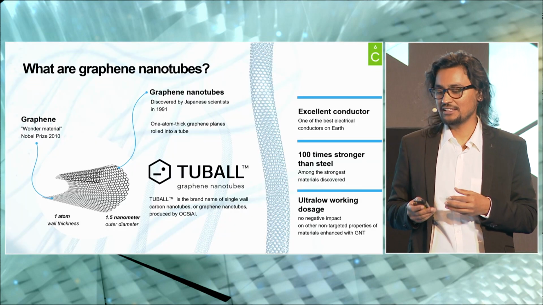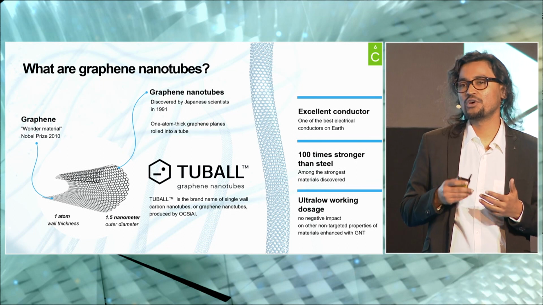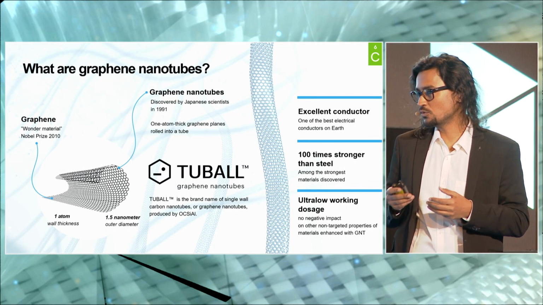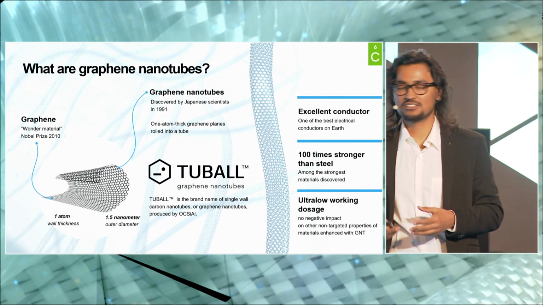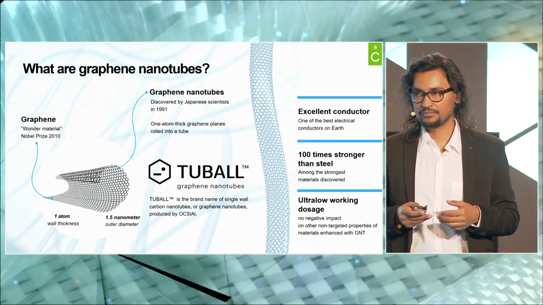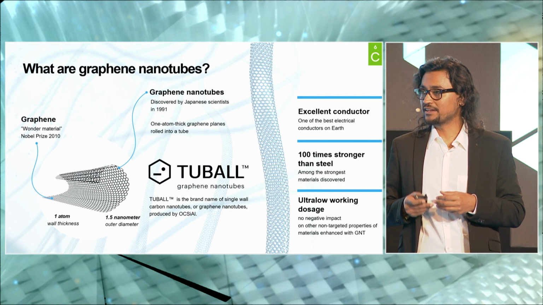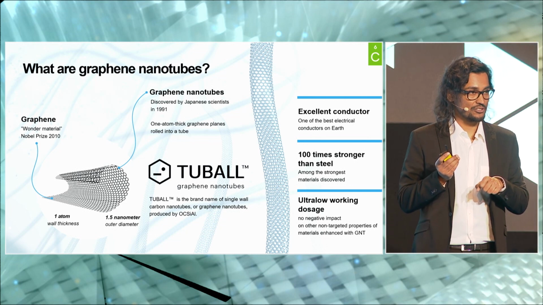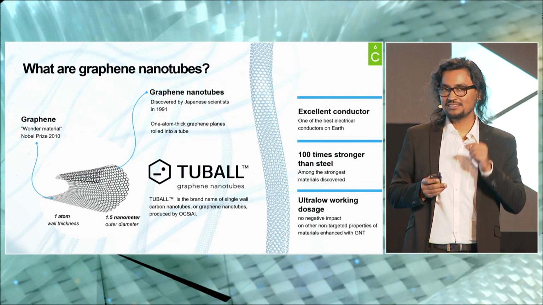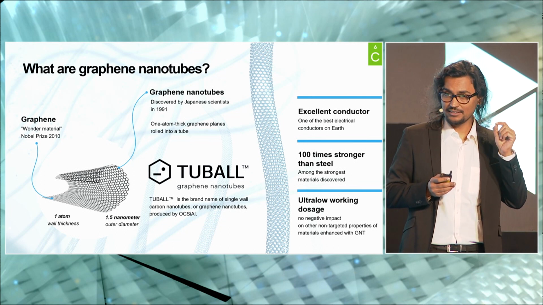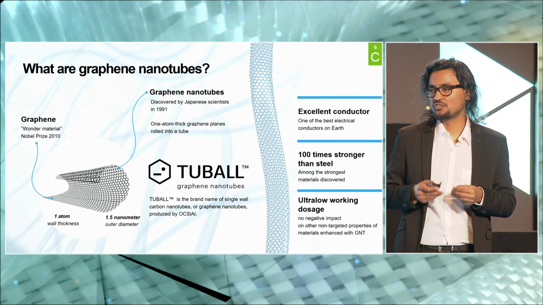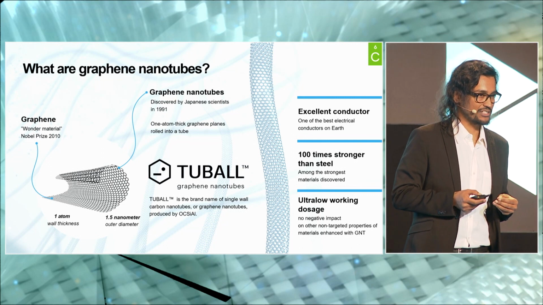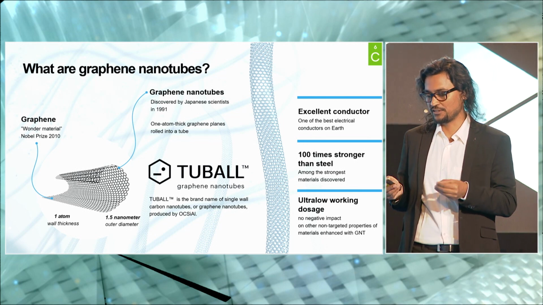And these graphene nanotubes have some very interesting properties. For example, they are one of the most electrically conductive known molecules. They are more than 100 times stronger than steel in the tensile direction. And since they are just one atom thick, they work at extremely low dosages because there is no dead weight in single-walled carbon nanotubes or graphene nanotubes.